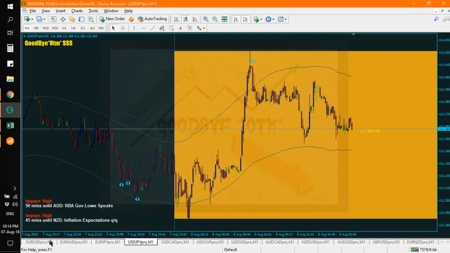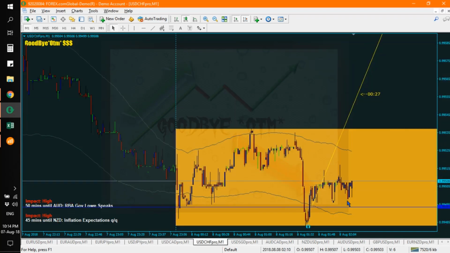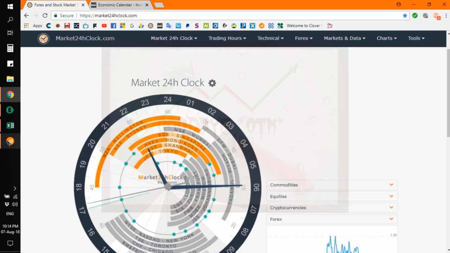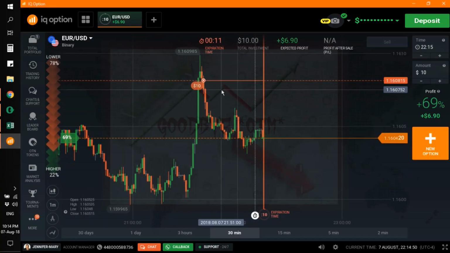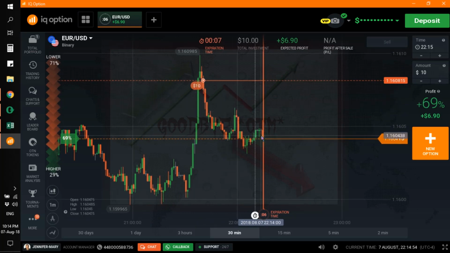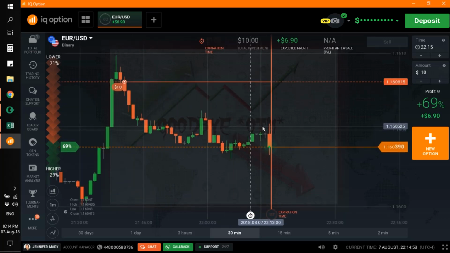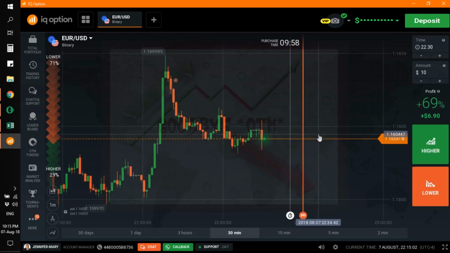And then we got Euro USD and USD CHF, 4 valid signals, and all of them ITM, which is awesome. Guys, a few seconds left. Here we go. Very nice signal on Euro USD, ITM.